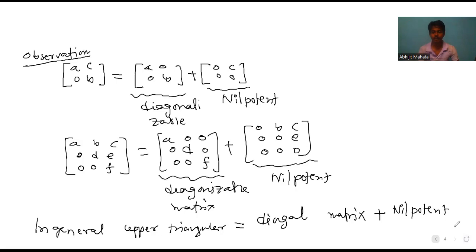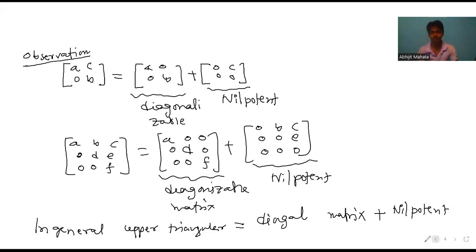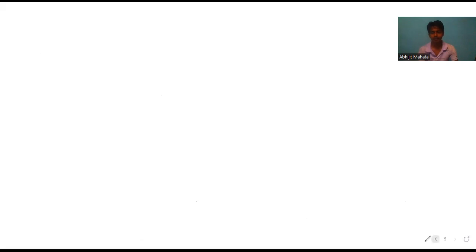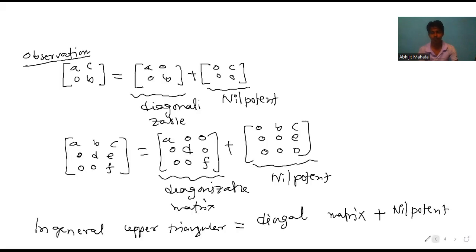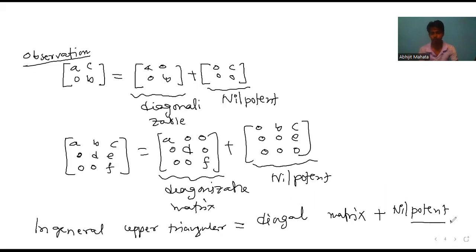Now see here, going to this part, let me write: this is 1 and this observation is 2.